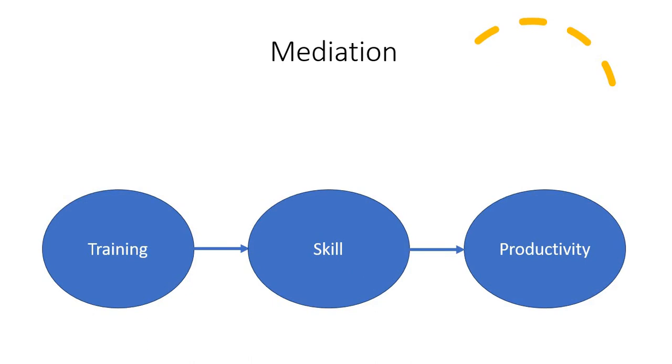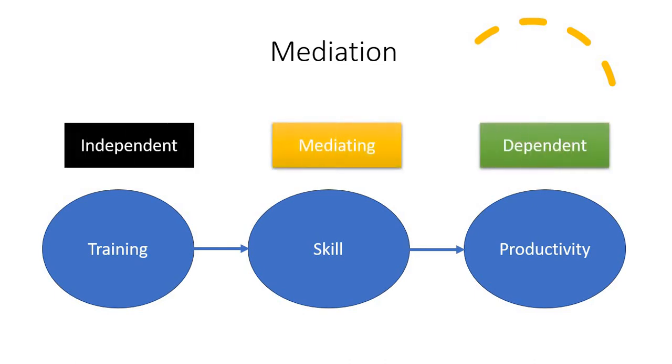So now you have introduced a new variable between the independent and the dependent variable. So you theorize that the influence from training to productivity is transferred by an interceding variable, which is skill. So the skill is doing what? It is transferring the influence from training to productivity.